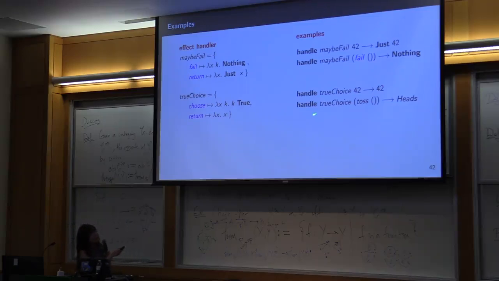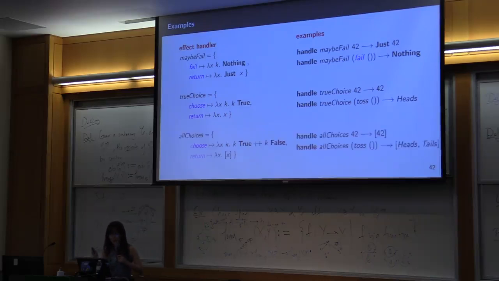So again, if you handle 42 with true choice, nothing is going to happen because the identity function applies, you get back 42. And if you handle the program to toss a coin that we have seen on the previous slide, then because you always get back true, in this case, you will just get heads back. And because, again, we have this continuation available, you can do whatever you want with this continuation.